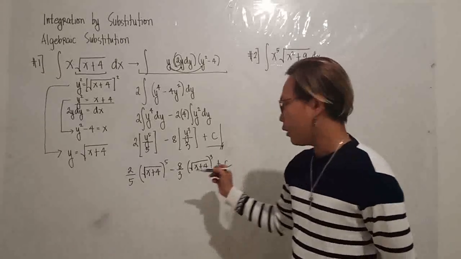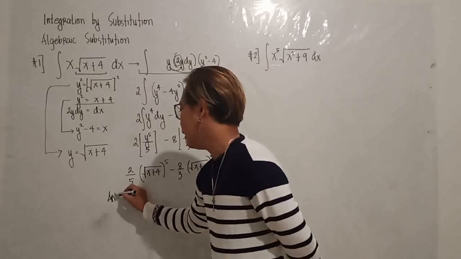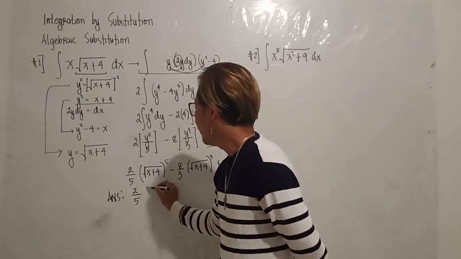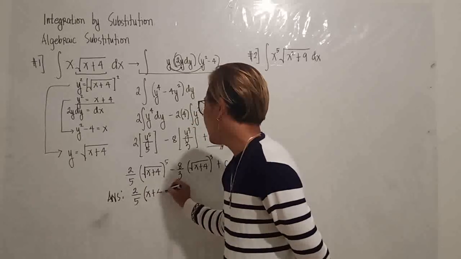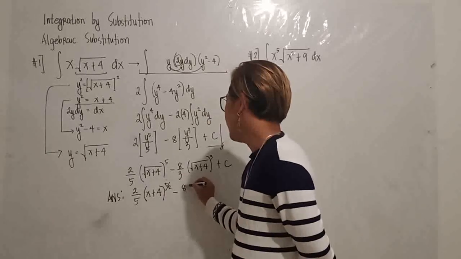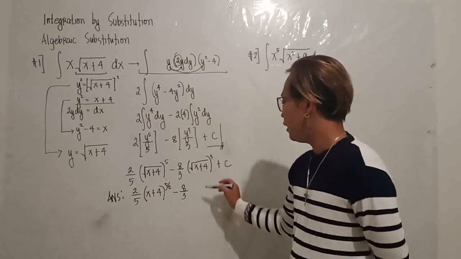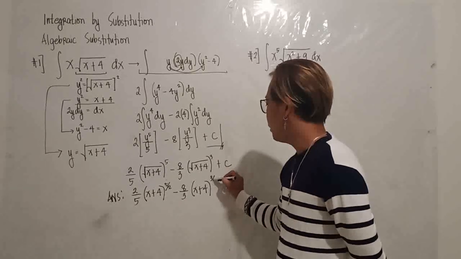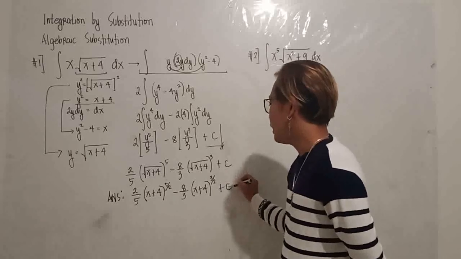Then simplifying the equation to have your final answer, you will have 2 over 5, then x plus 4 raised to 5 halves minus 8 over 3, then x plus 4 raised to 3 halves plus c.